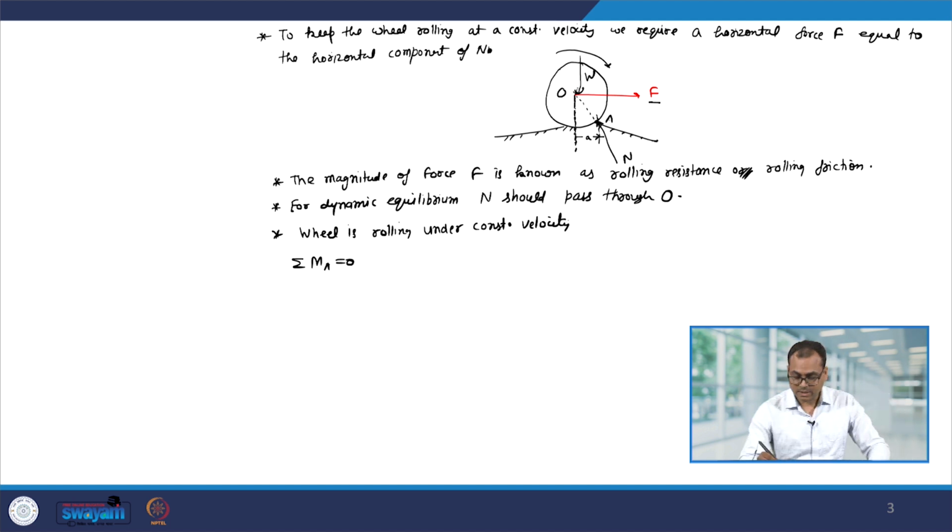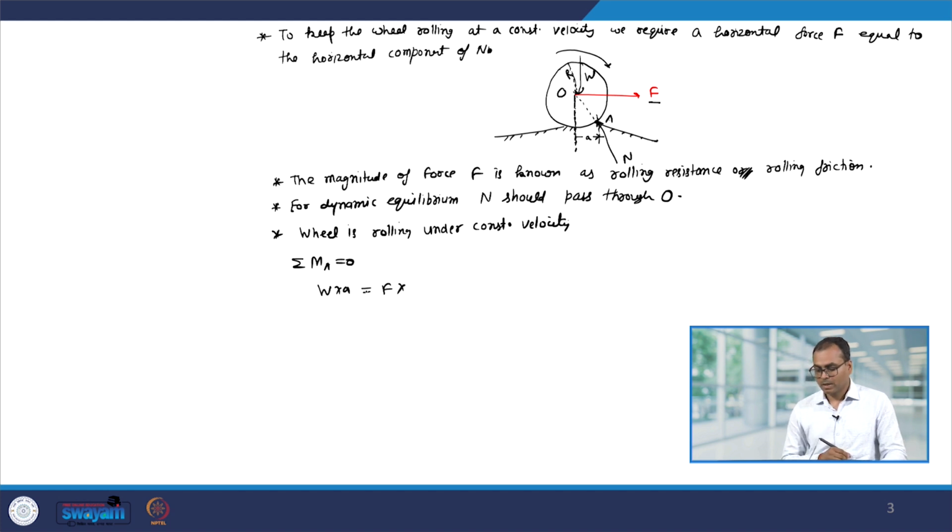So, let us say the radius of this wheel is R, then W into the perpendicular distance a equals the force F into its vertical distance. Let us say this angle is phi, and since this is R, the vertical distance will be R cos phi.